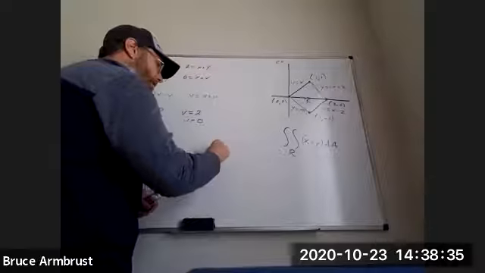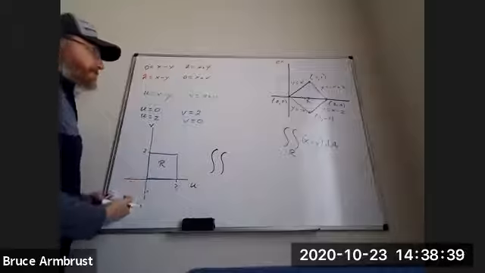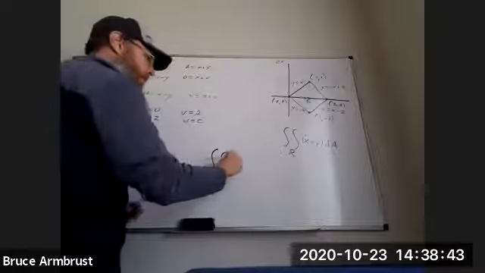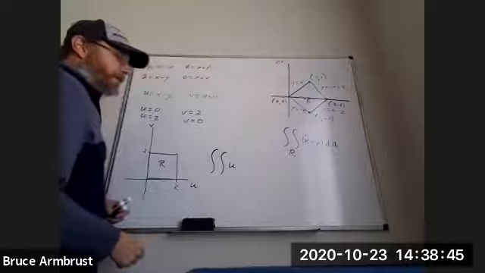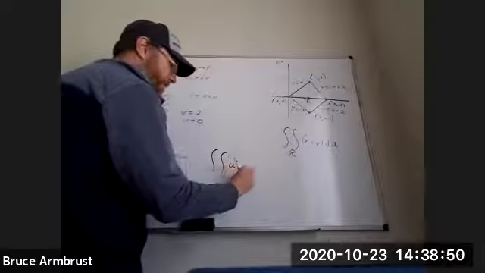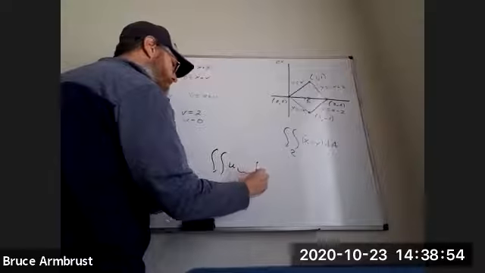Let's start converting it. So we need to change this stuff into u's and v's. Well, x minus y, that's equal to u. So we're going to integrate u. We still need to insert a Jacobian. So I'm going to leave a space here for the Jacobian.